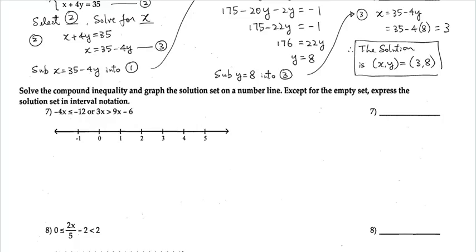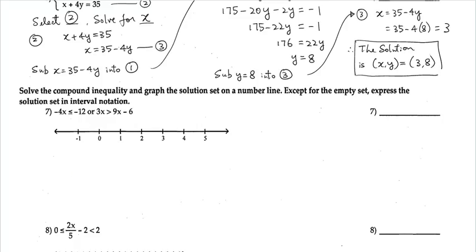At the very end, you give the answer in interval notation. How many inequalities do we have? We have 2 of them. So we got negative 4x less than or equals to negative 12.